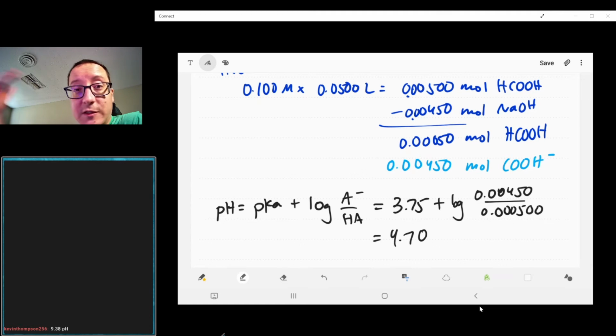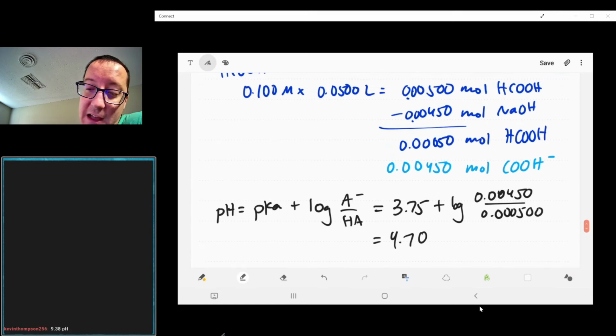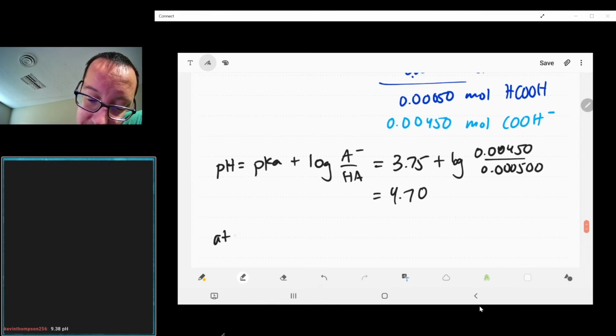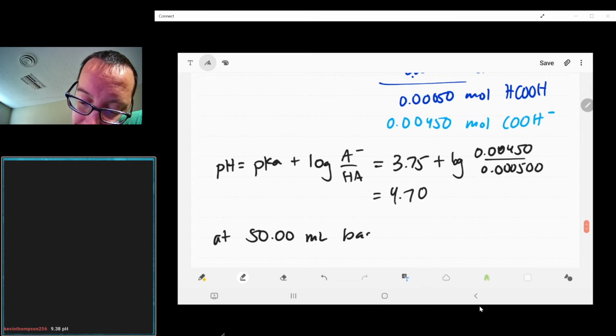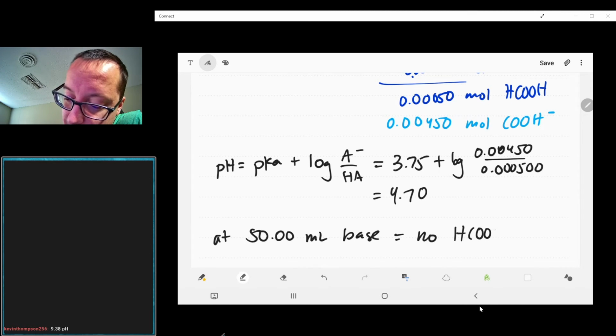We're getting close to that kind of slope where we're going to get to our equivalence point. If we wanted to figure out what it is at equivalence, we can do that as well. So this was after adding 45 mLs. If we add 50 mLs of our base, we will have no acid left.